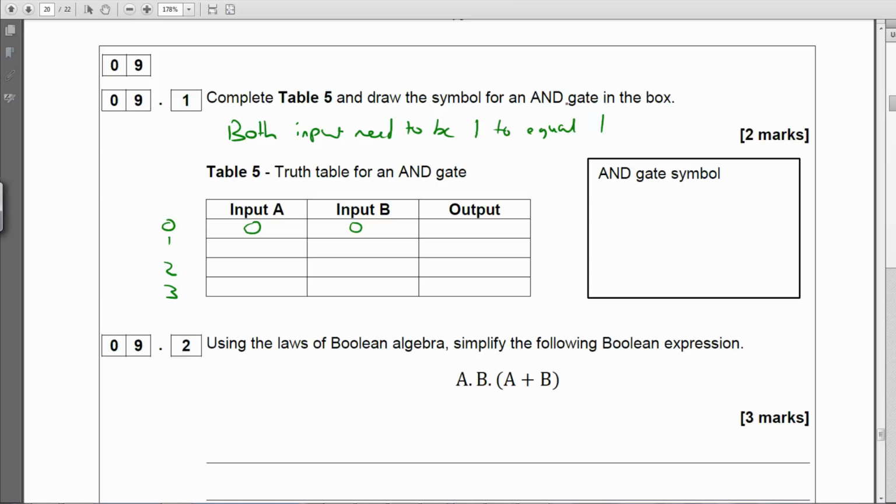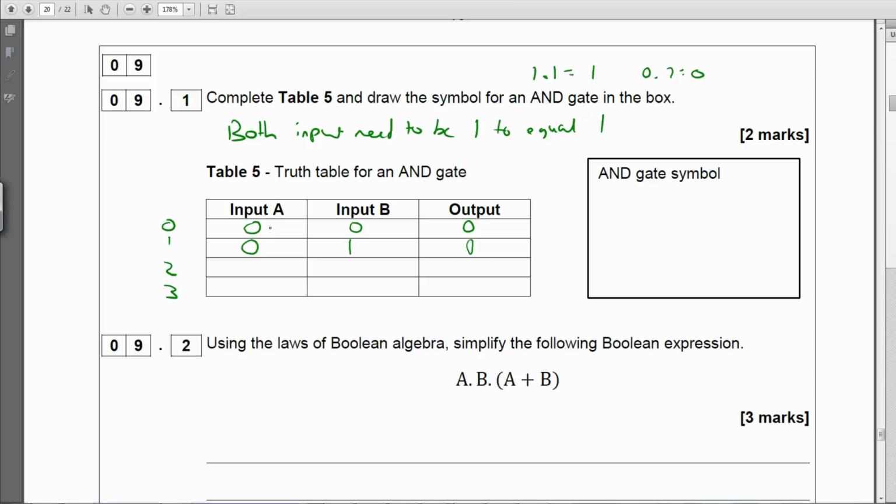And this is because AND can also be written as a dot, which means to multiply, and so 1 times 1 is 1, 0 times 1 or 0 times 0 is 0. So this is going to be 0, and then I'm going to write 1 in binary here, so that's 0 and 1, and this is also going to be 0.